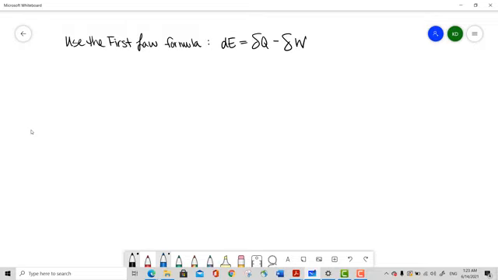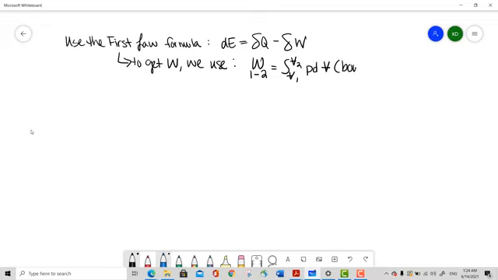And then to get W, we can use work 1 to 2 equals, again, our formula that we've been using for this, the integral of P dV, which is boundary work. And why do we know that? Because work occurs at the boundary.